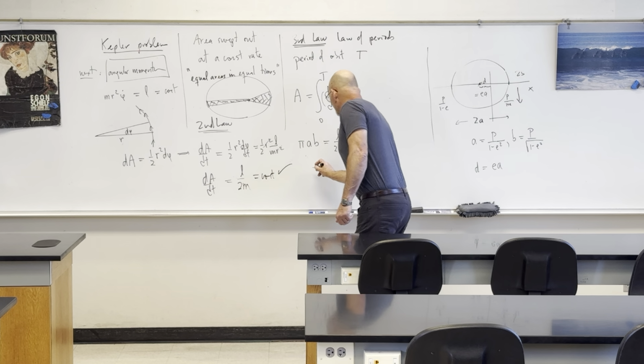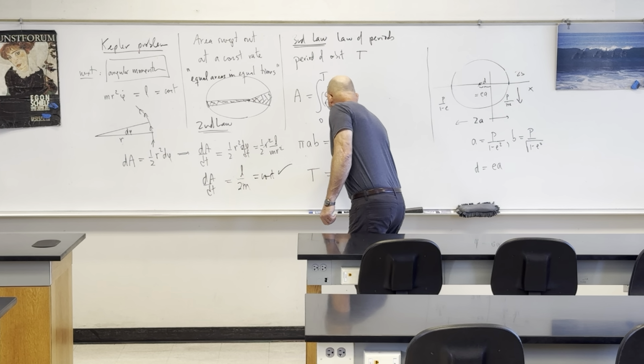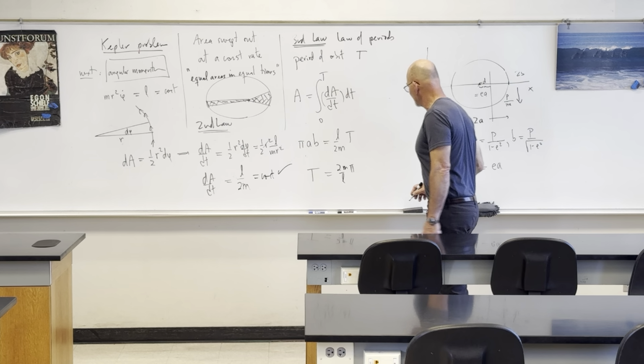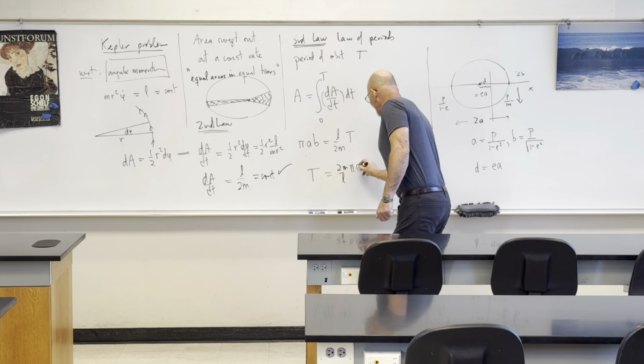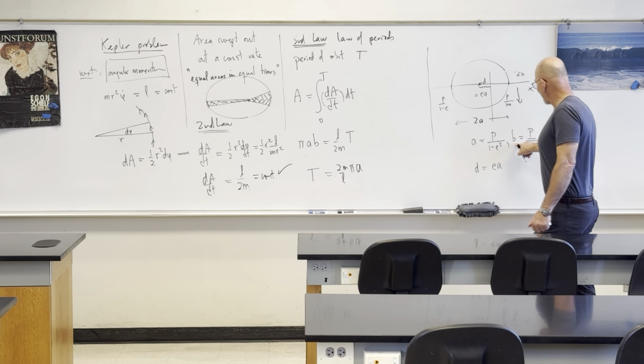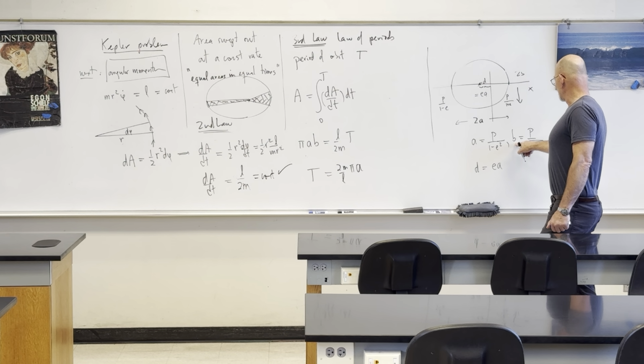So what do we have here? T is equal to 2m over L pi times a times b, and this b is related to a in the following way.